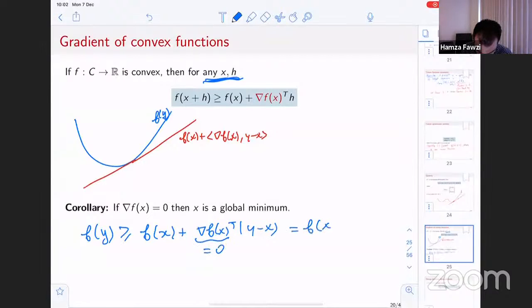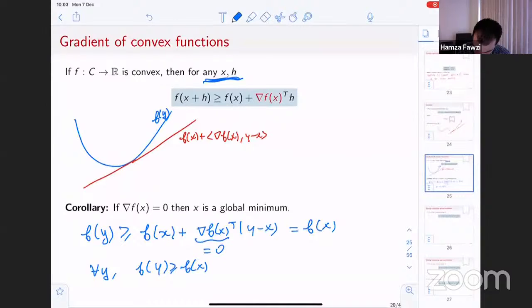So what I have shown is that for all y, f of y is bigger than f of x. This means that the minimum of the function f is attained at x, so x is a global minimum. This is a key property. What is highlighted in yellow here is really a key property of convex functions.